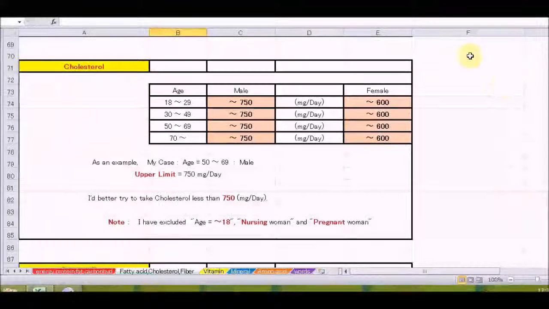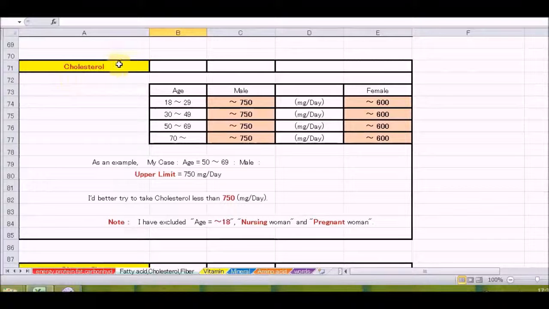About cholesterol, it can be estimated by this table: age, male, female. For example, in my case, age 50 to 69, male. Upper limit here is 750 milligram per day.